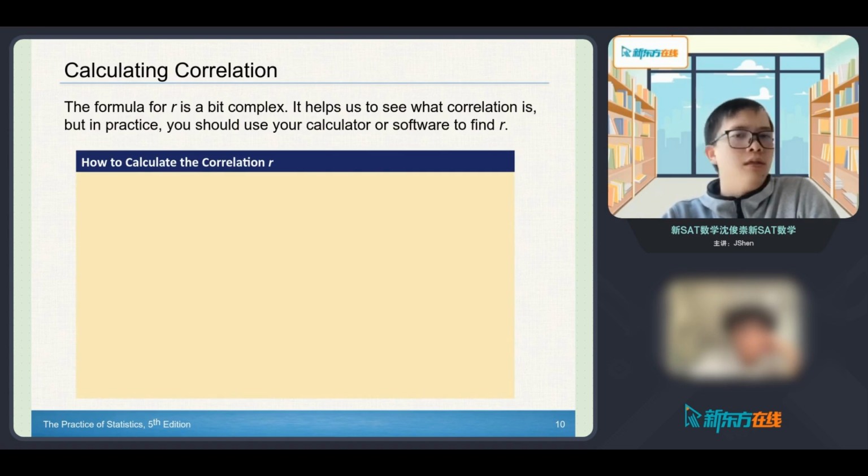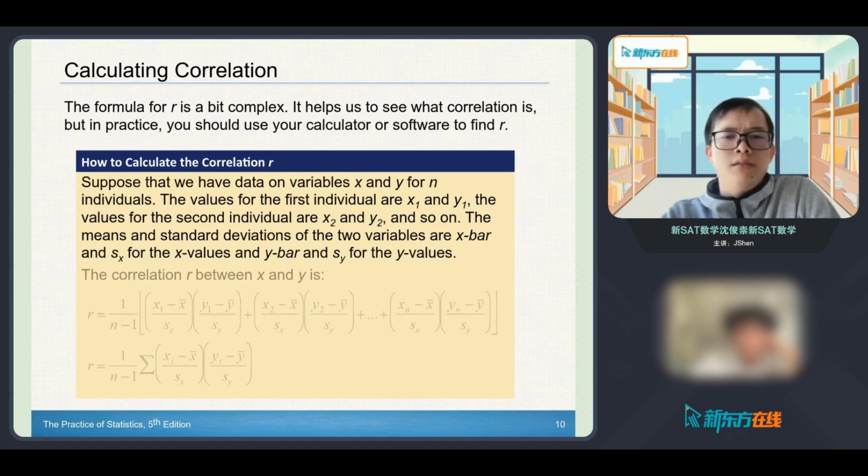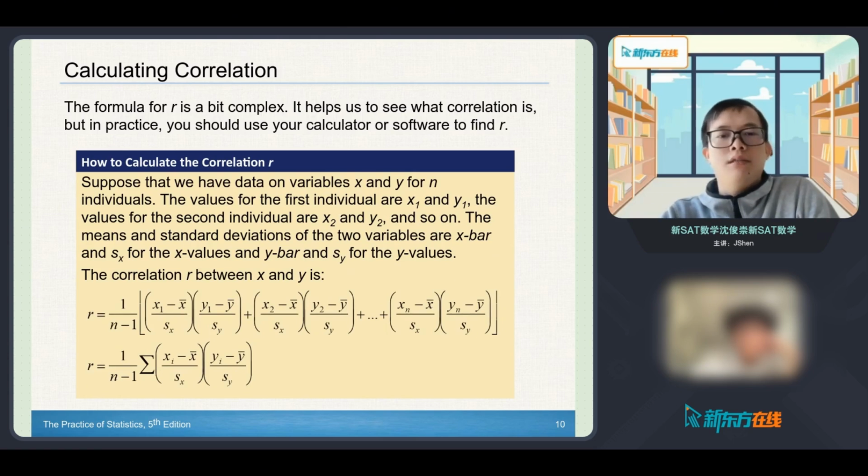Anyway, this is how you calculate the so-called correlation R. This is n-1 over n-1, like you calculate the average. Now, this is how I view the correlation.